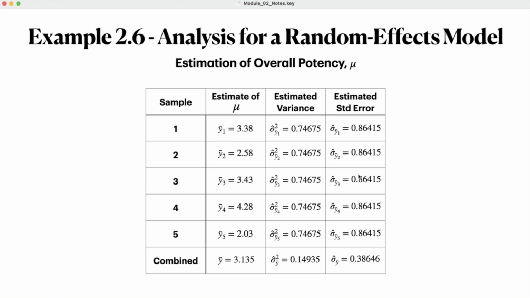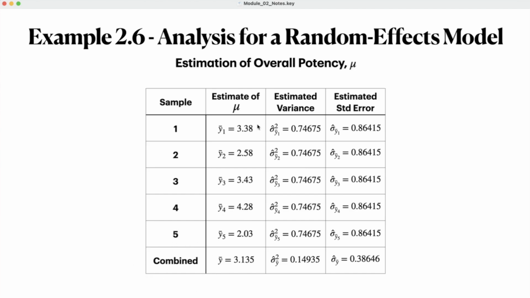Okay, so putting this information together, we want to estimate the overall potency across all vats in the population of vats for that month's production run. That mean is mu, and it's unknown, but we're estimating it. I'm including here the individual estimates from each of the 5 samples from each of the 5 vats, and then the combined sample as well.